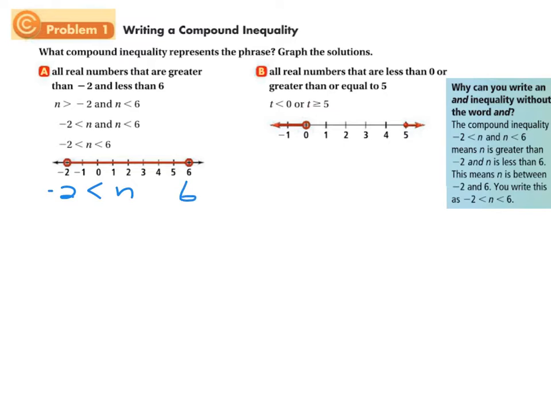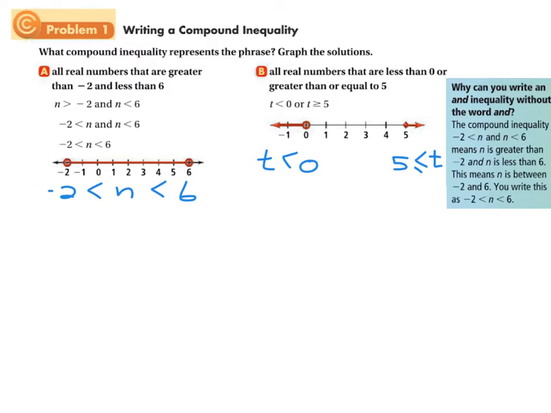And 6 is here, and n is to the left of it, not including it like that, okay? Over here, we could say, okay, if 0 is the number, and t was shaded on this side of it, again, the alligator's always pointing to the bigger number that way. And here we could say this is 5, let's put t on the side that's shaded and make the alligator always be in that direction, that is or equals, and those are the inequalities.